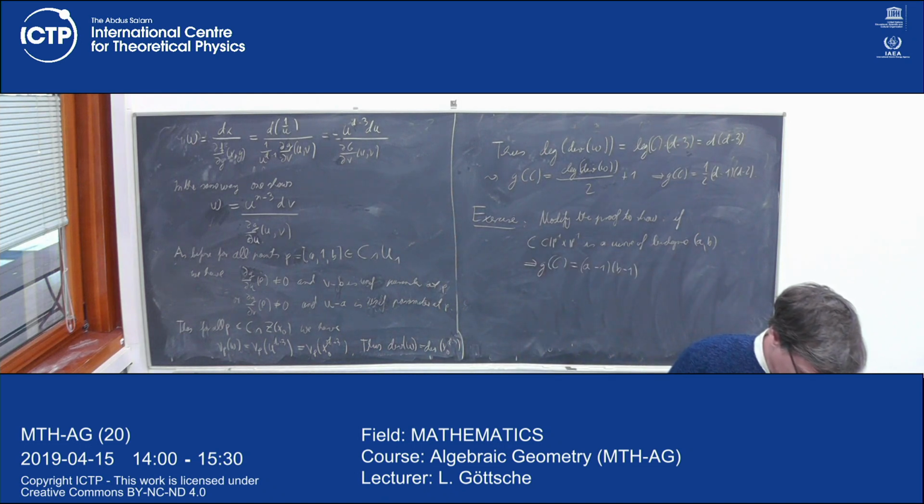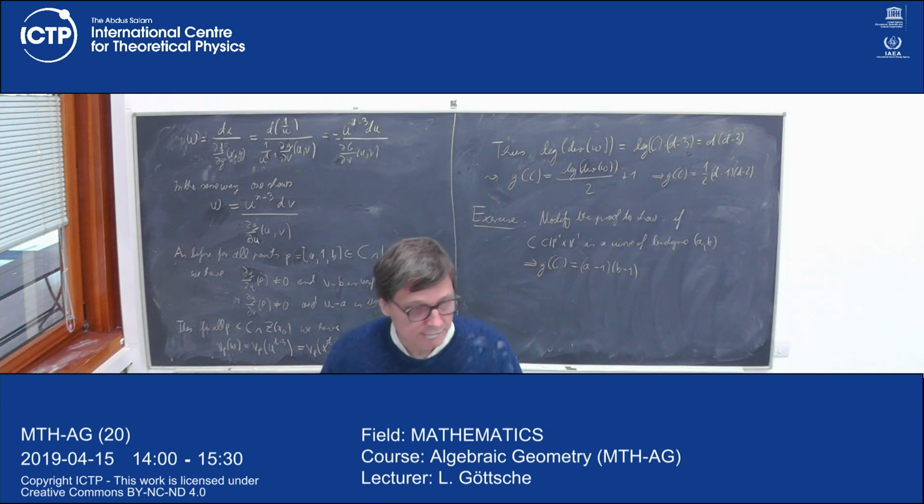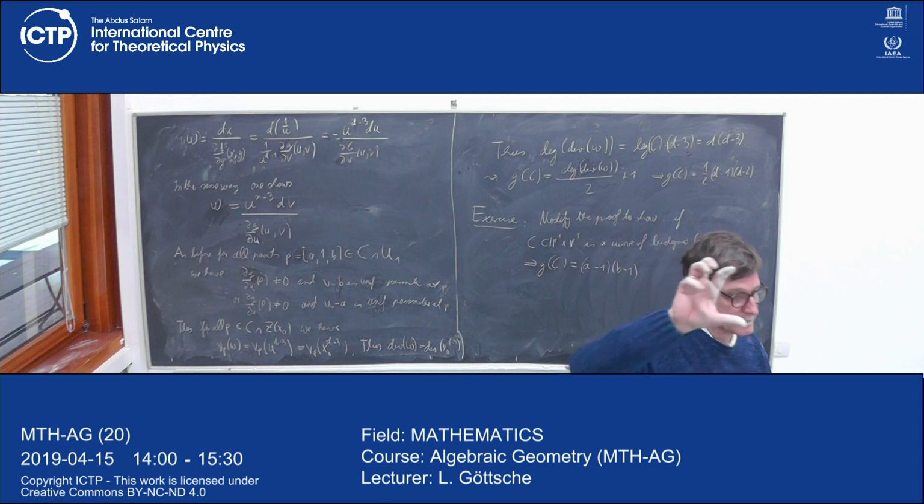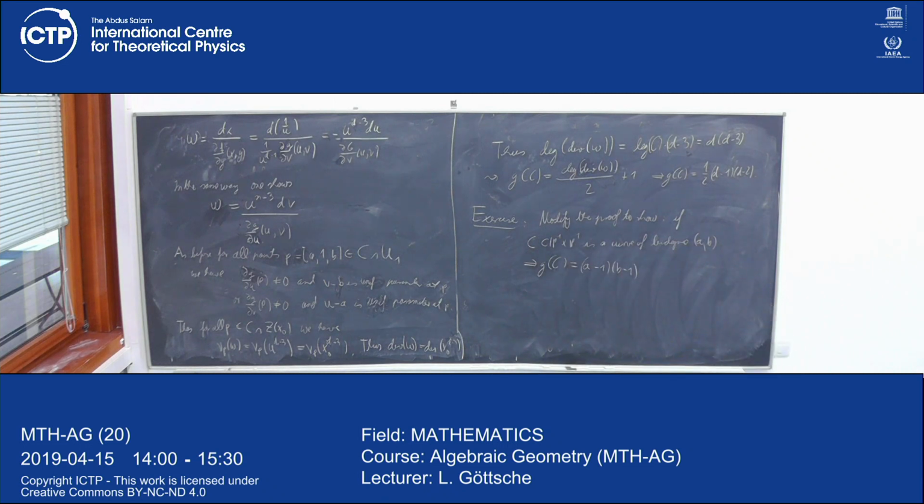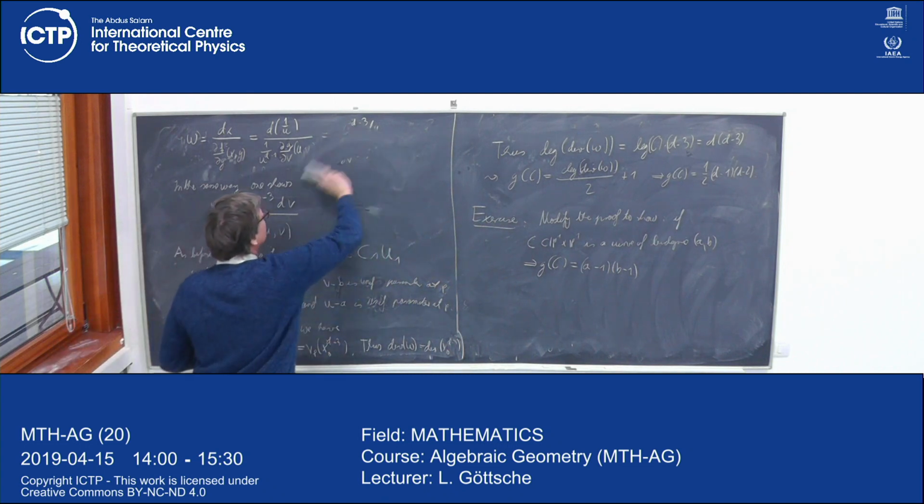So the Riemann-Roch theorem is a formula for finding the dimension of these spaces L of D, where D is a divisor. In fact, I will still write it down so you can see how it all fits.